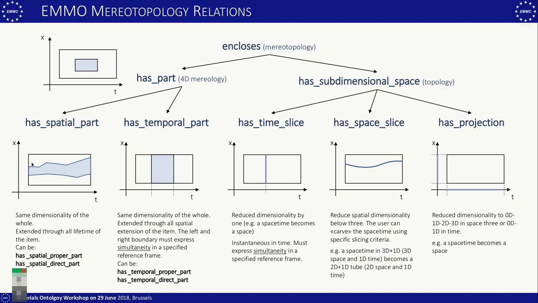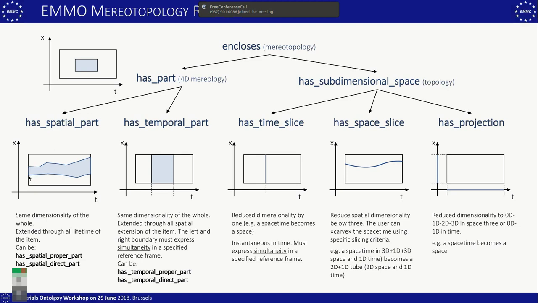This is an example of a space-time entity, with only one spatial dimension and time. We have the enclosure, which is the root of the properties. We have the partout and the slicing. Partout and slicing. This is mereology. This is topology.